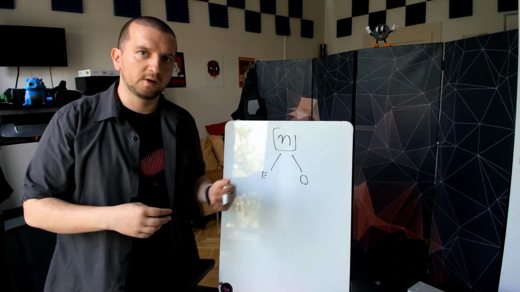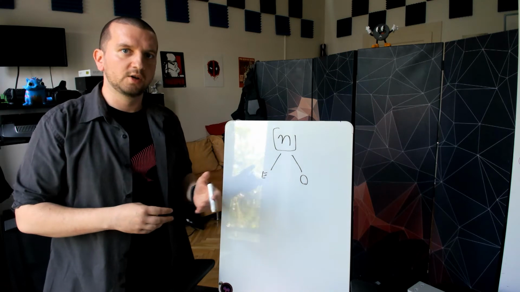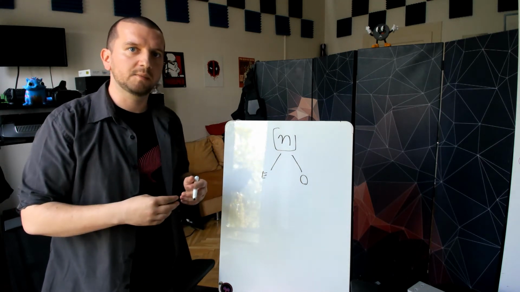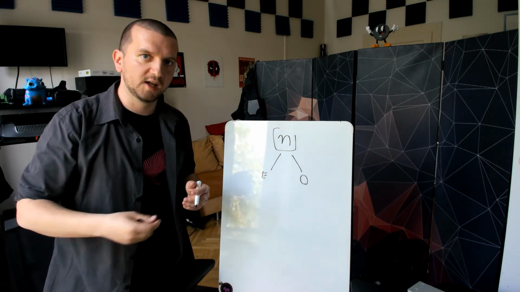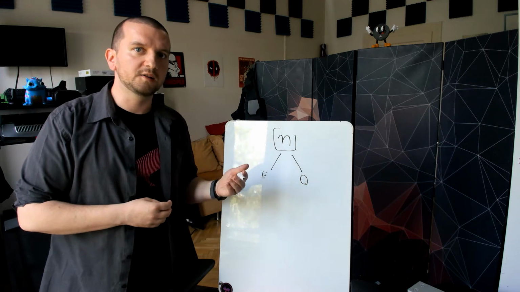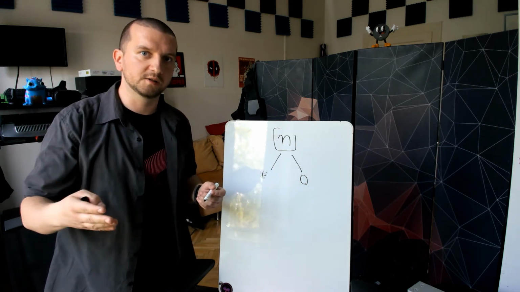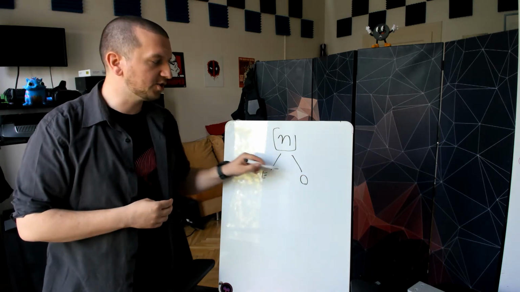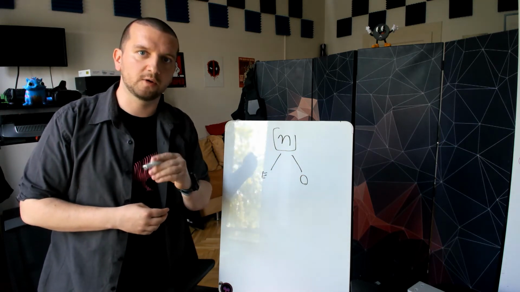Imagine, for example, if you were using a hashing function to securely hash your password in a database and then somebody got their hands on those hashes. Now, if those hashes were just E's and O's, it would be fairly easy for the perpetrator to get into the system. All he would have to do is try certain numbers until the hash matches the hashed password that you've already provided.